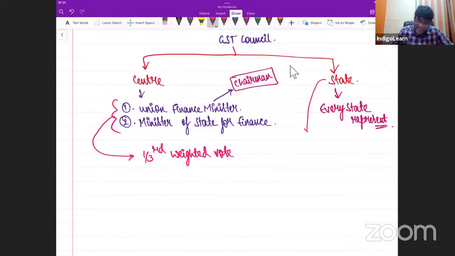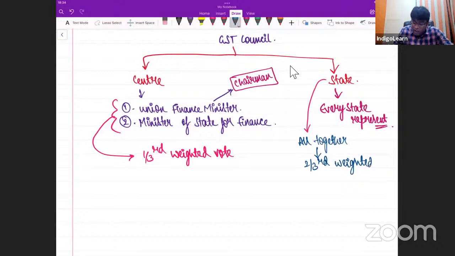And all state representatives together have 2/3 weighted vote. Technically, 1/3 is 33.33% and 2/3 is 66.67%. So if the center says yes, 33.33% is done, and the state side is 66.67%.